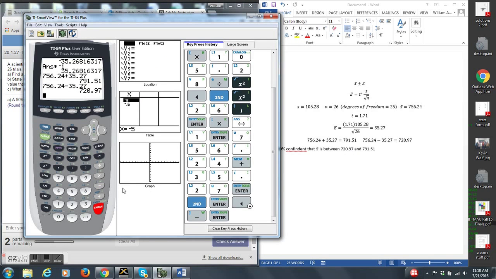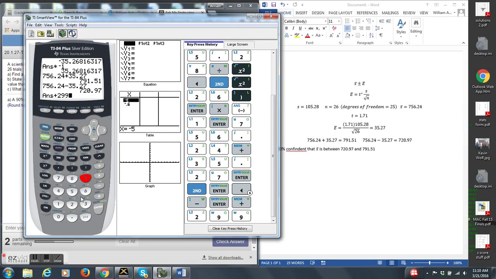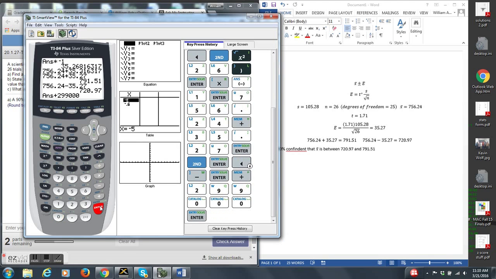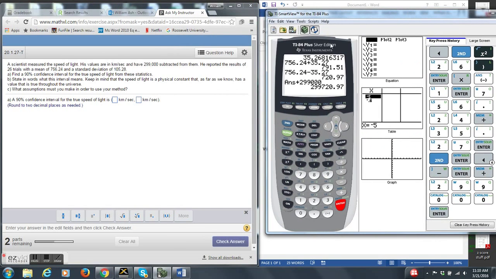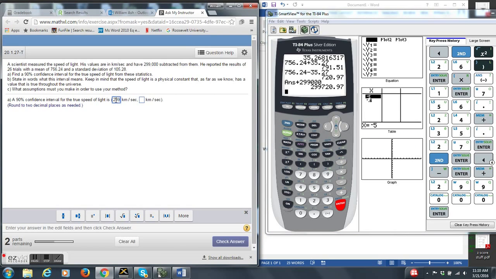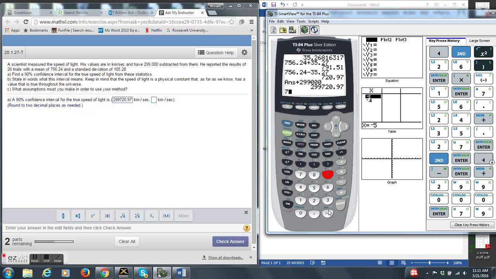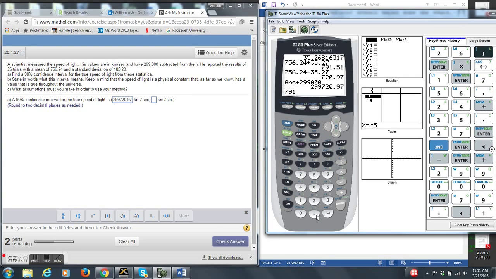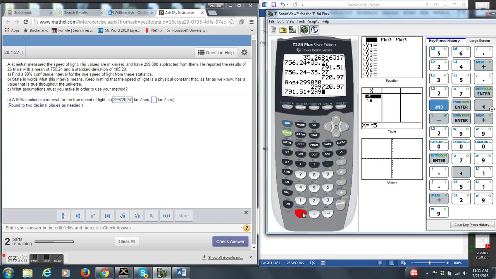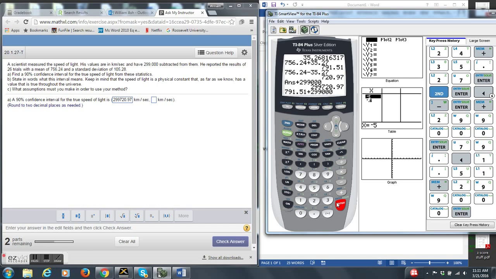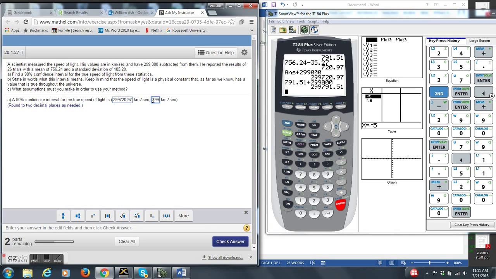So my lower bound is going to be 299,720.97, and the other one is 791.51 plus that same number, 299,000, which is 299,791.51.